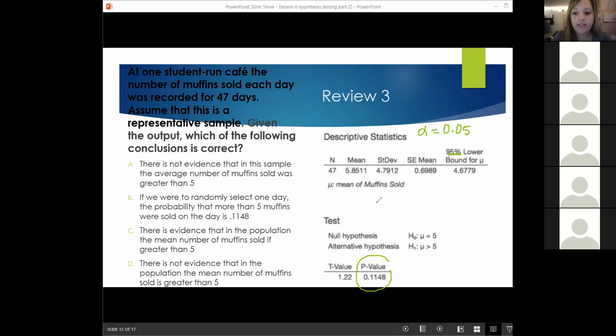If we're comparing our p-value to our alpha, our p-value is going to end up being less than alpha.